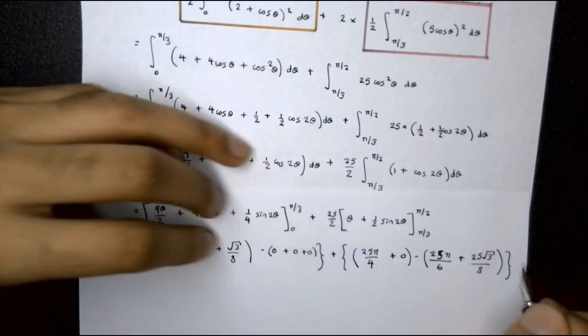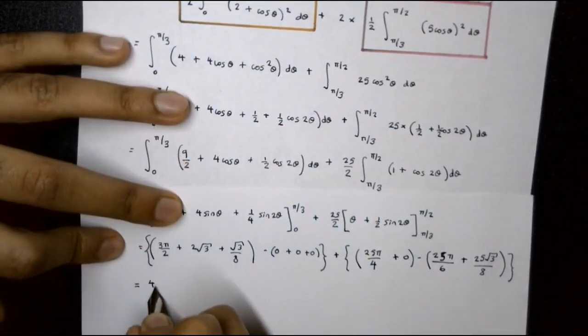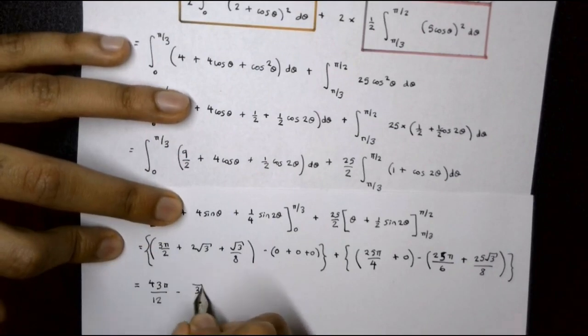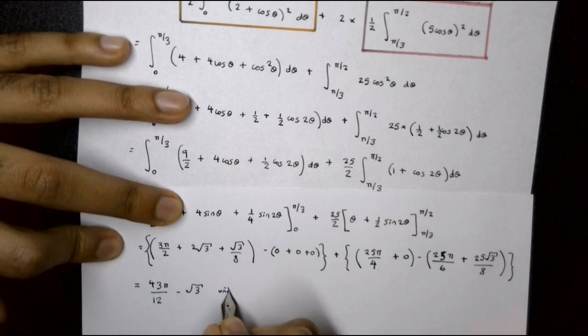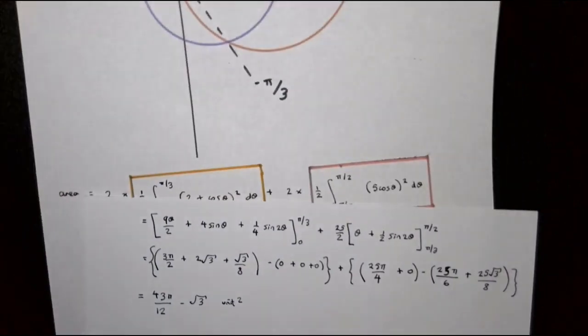Okay, and you can double check your answers with the calculator. So if we collect like terms, we get 43 pi over 12 minus root 3 units squared. So this is our final answer of that shaded bit which we wanted to find.